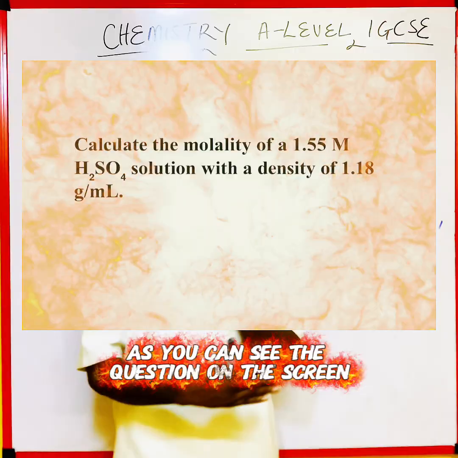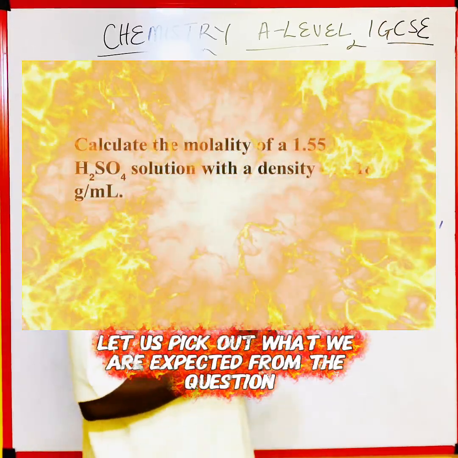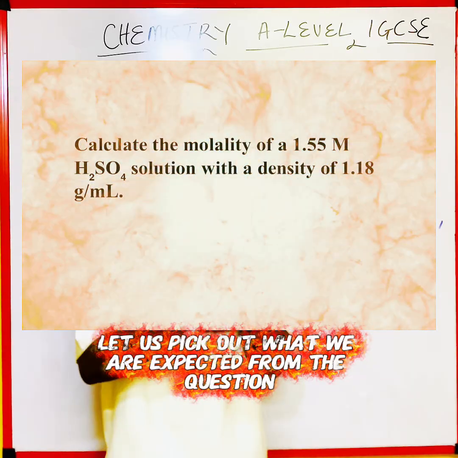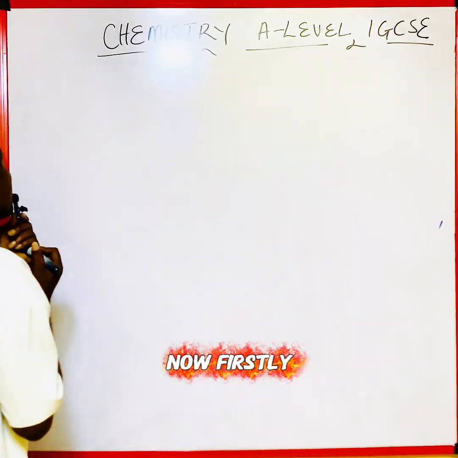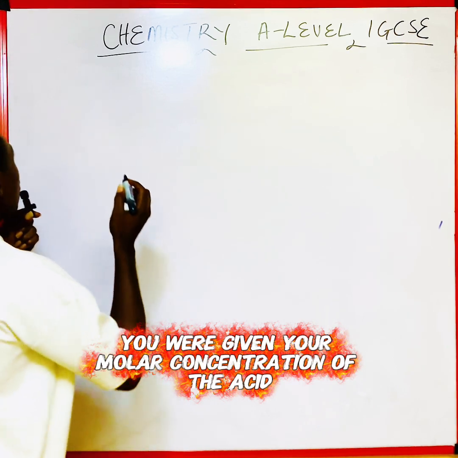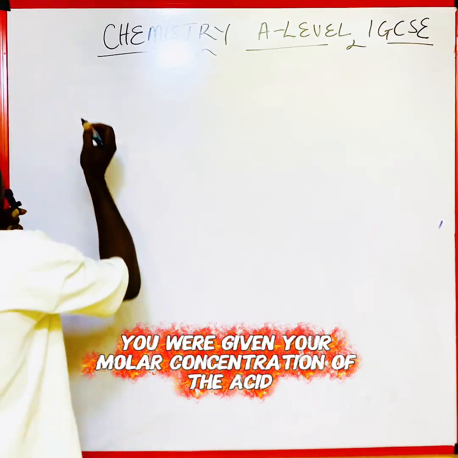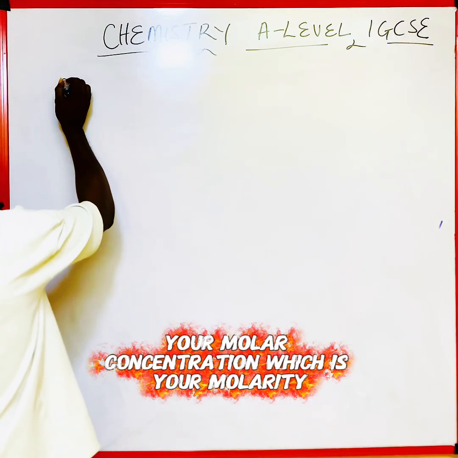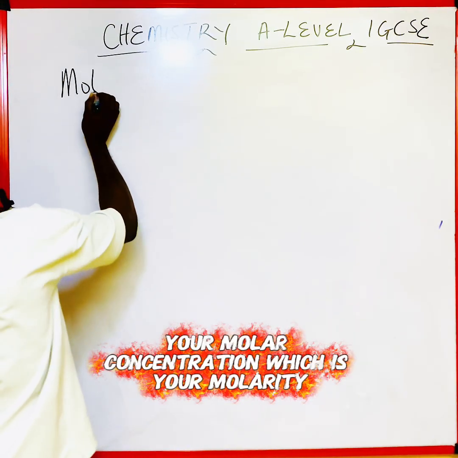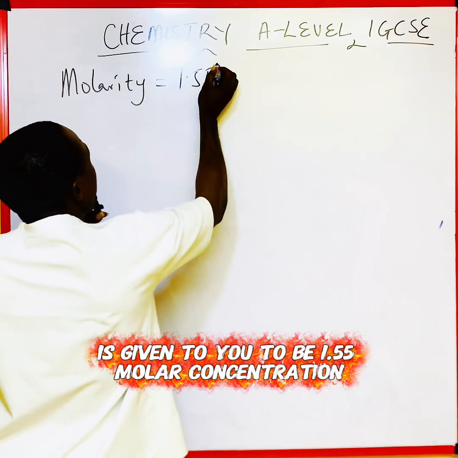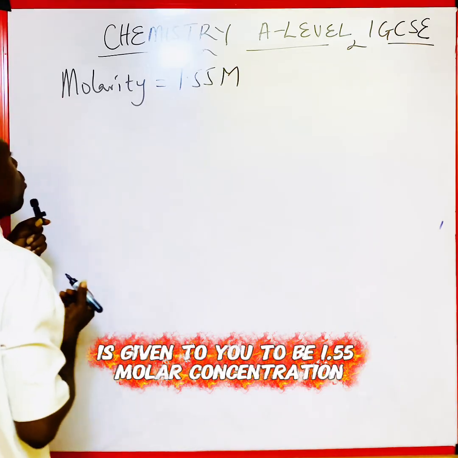As you can see the question on the screen, let us pick out what we are expected from the question. Now, firstly, you were given your molar concentration of the acid. Your molar concentration, which is your molarity, is given to you to be 1.55 molar concentration.